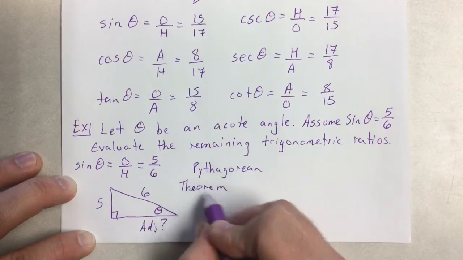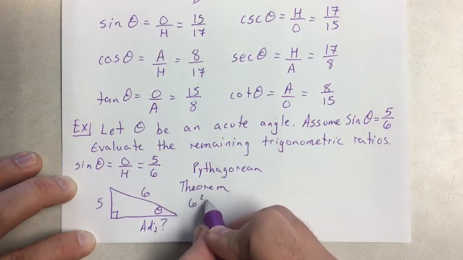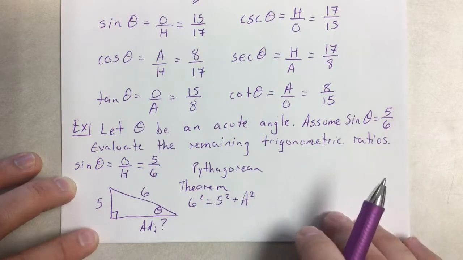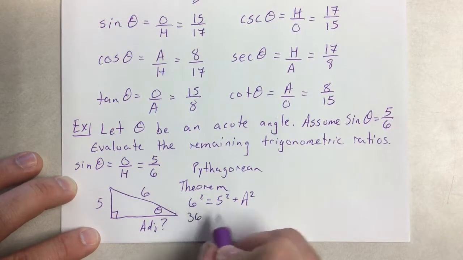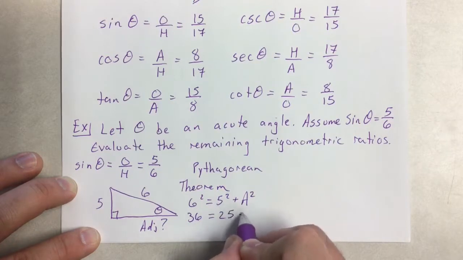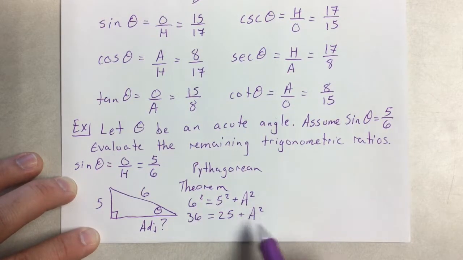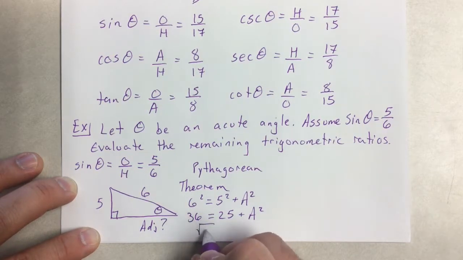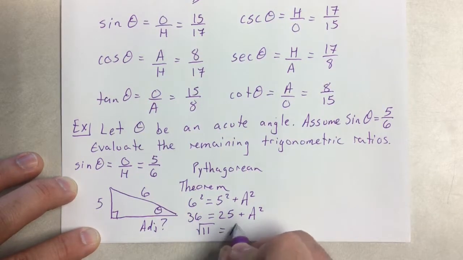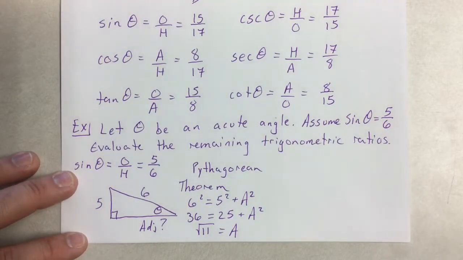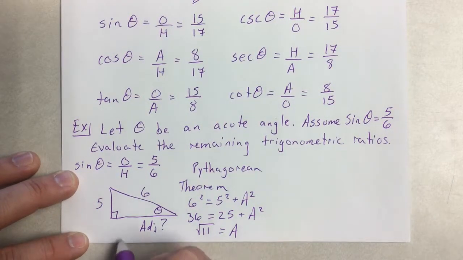So the Pythagorean theorem would give us 6 squared equals 5 squared plus the adjacent squared, 36 and 25. Solving this, you subtract 25 and then take the square root. We get that our adjacent is the square root of 11. Nice. So with that, I'm going to put the square root of 11 right here.